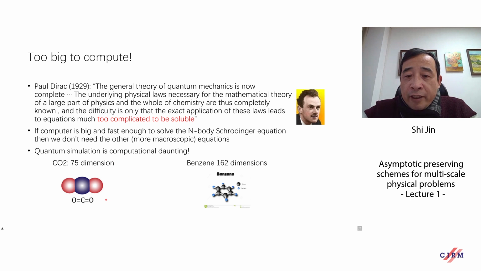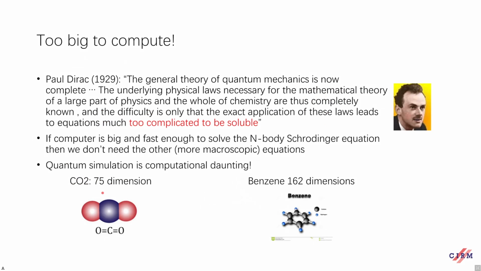And here we give an example of why the quantum simulation is completely daunting. It's just simply impossible. If you look at, for example, the molecule of carbon dioxide, essentially you have to solve a Schrodinger equation of 75 dimensions, all right? And many of us are familiar with the fluid dynamics equation, which is 3 dimensional. It's already very difficult, right? Turbulence, and so on.